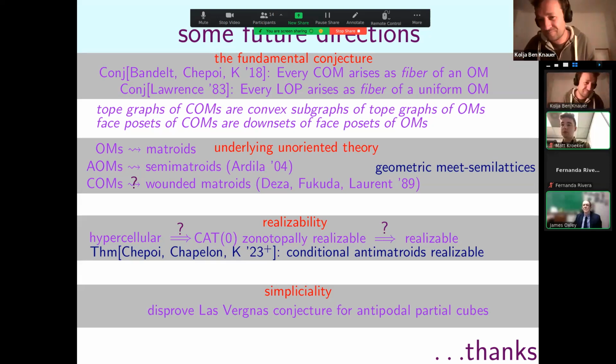It's very similar to cutting out of an oriented matroid and getting a COM. And the conjecture in this field is whether every bouquet of matroids is a wounded matroid. It's a very analogous problem to the one that I stated on the top as a fundamental conjecture. It's kind of the unoriented analog of it.